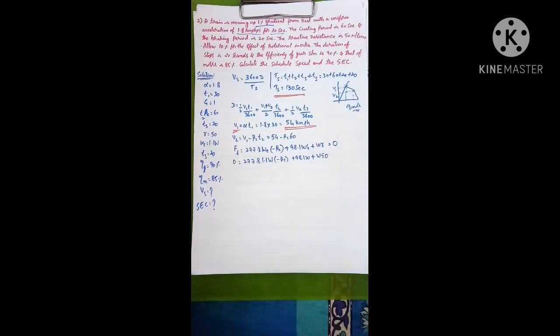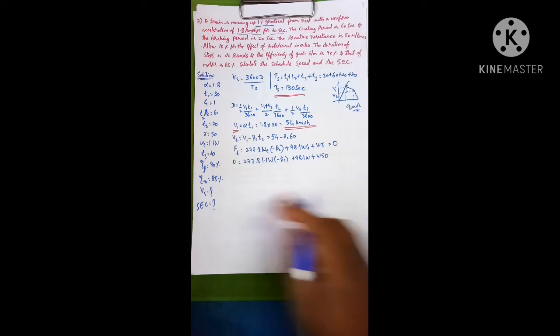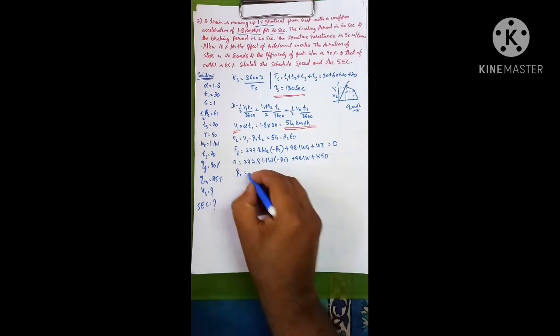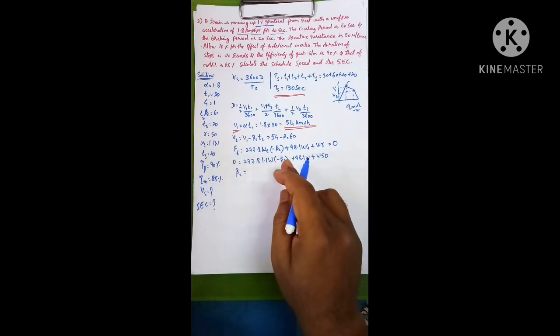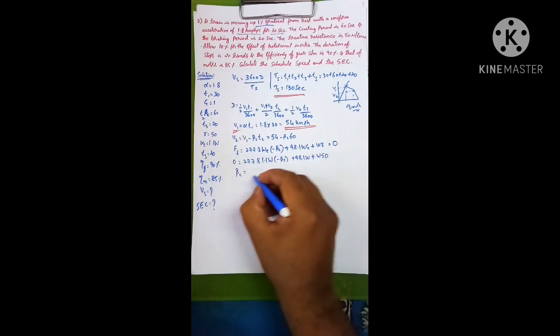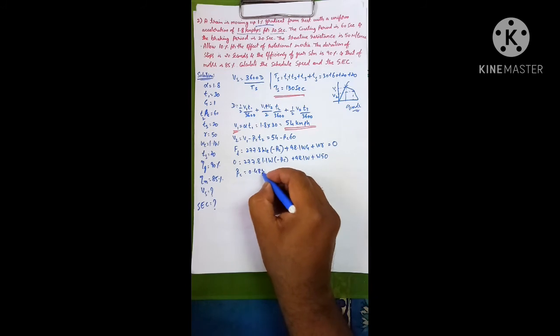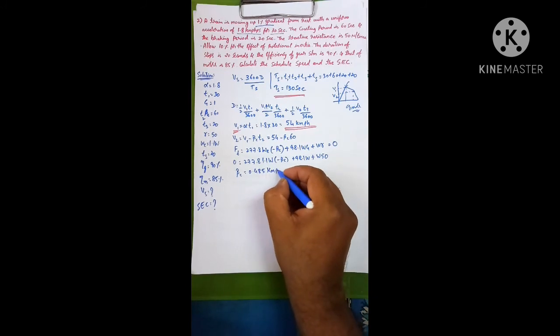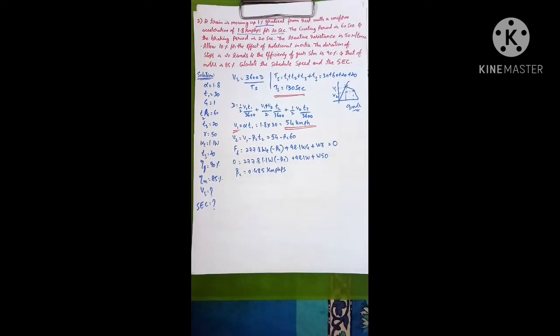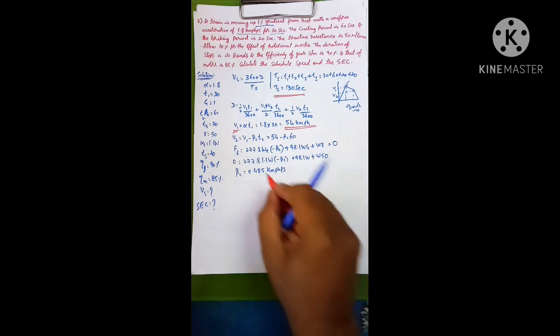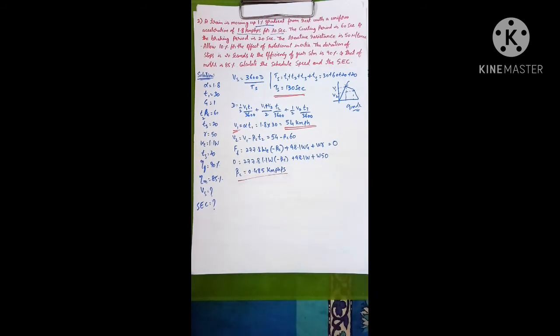That's what has to be substituted. Once you simplify these parameters, we get the value for beta c as 0.485 km/h/s. Okay, so we got that.